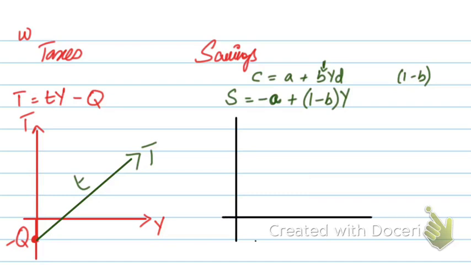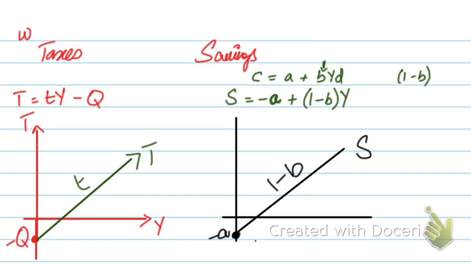So if I sketch the function, the vertical intercept will be minus A, because even at 0 levels of income, I'm still spending something. And the gradient will be 1 minus B. If I differentiate the function, I'll get the gradient to be 1 minus B. Quite opposite of the consumption function, right?